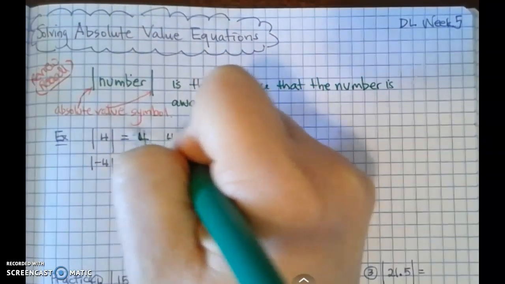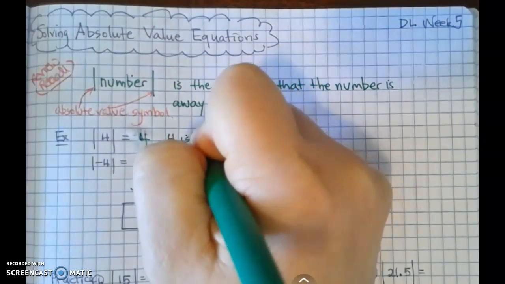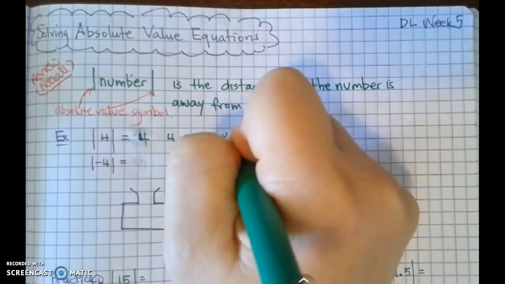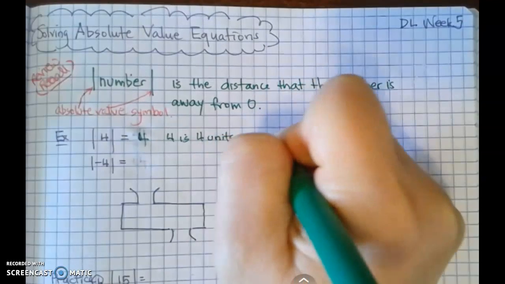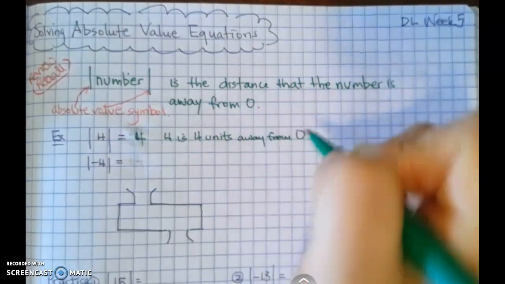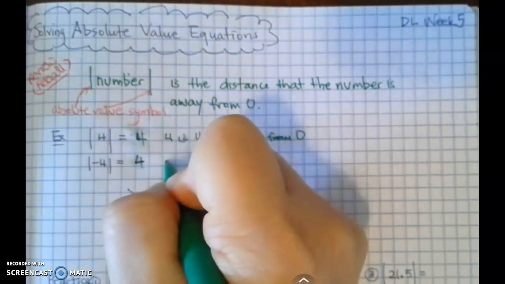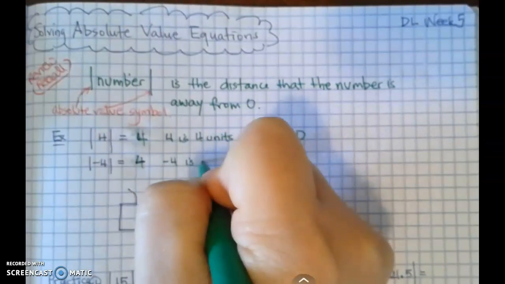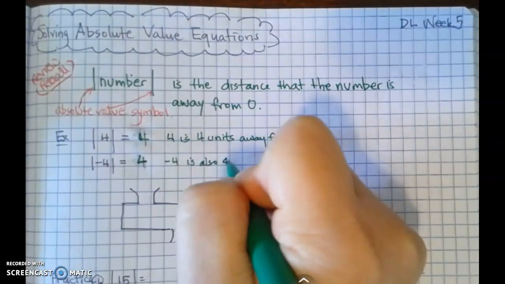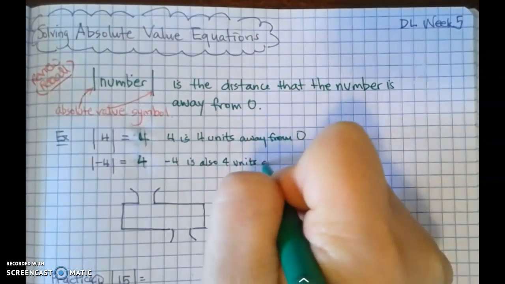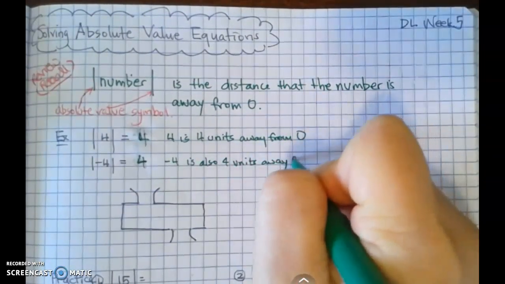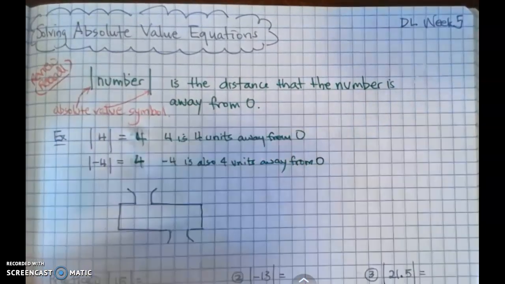Because 4 is 4 units away from 0. And the absolute value of -4 is also 4, because -4 is also 4 units away from 0.